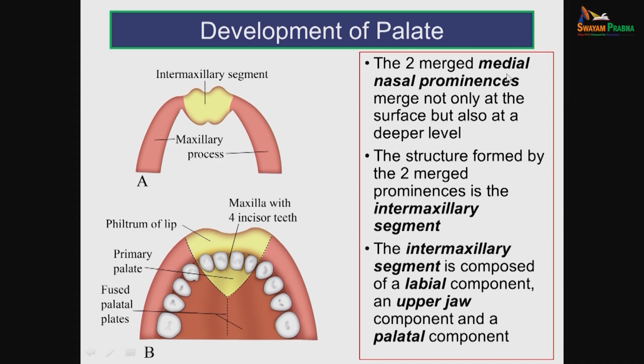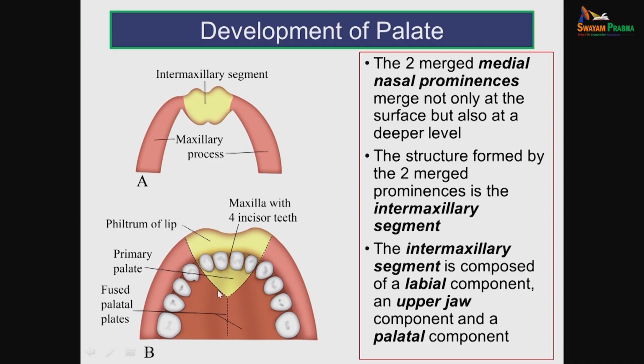The two merged medial nasal prominences fuse not only at the surface level, but also at a deeper level. The structure formed by the two merged prominences is called the intermaxillary segment. These are the maxillary processes.